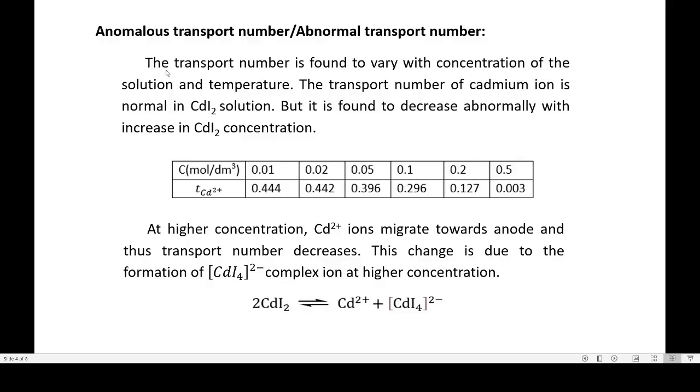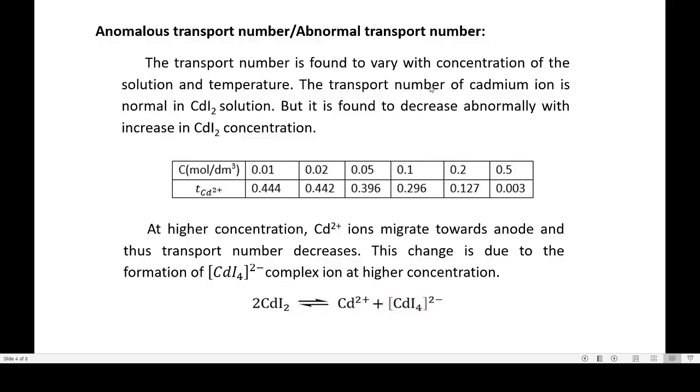So now coming to the anomalous transport number, also known as abnormal transport number. Any deviation from the normal will be anomalous or abnormal. The transport number is found to vary with concentration of the solution and temperature.